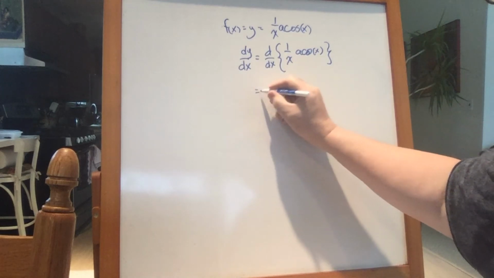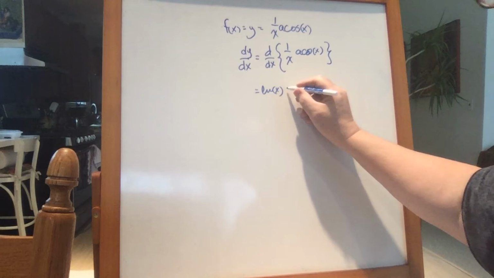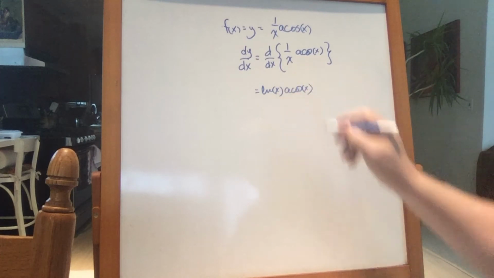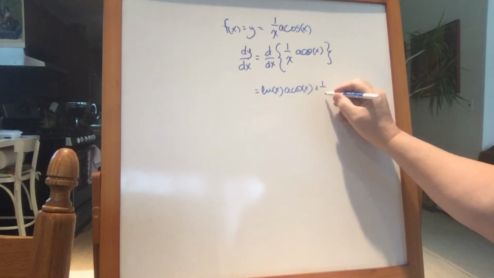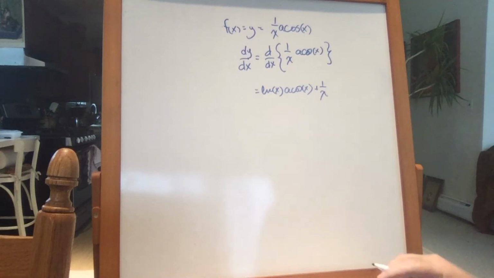And that's equal to the ln of x times the arc cosine of x plus 1 over x. And I think what was our thingy here?